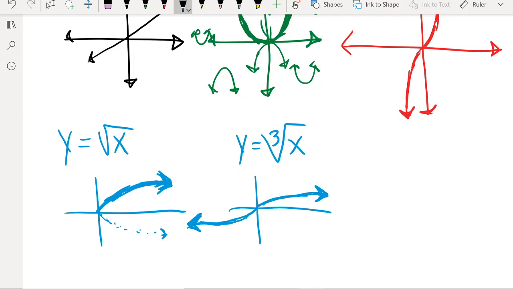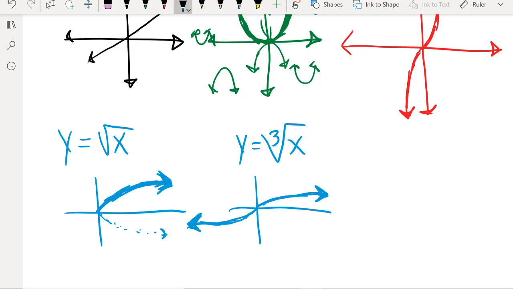And the reason why is because I can take cube roots of negative numbers. X can be negative in this case, whereas in y equals the square root of x, x cannot be negative. I can't take the square root of a negative number, not in the real number system. But I can take the cube root of a negative number.